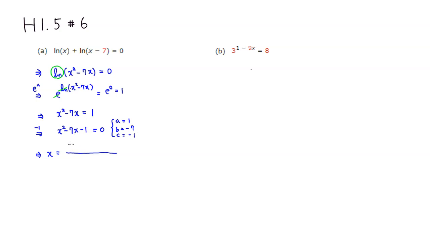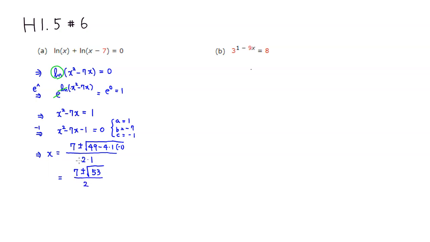So negative b, which is 7, plus or minus the square root of negative 7 squared, b squared, is 49, minus 4 times a, which is 1, times c, which is negative 1, all over 2 times 1. Let's simplify here. So you have 7 plus or minus the square root of 49 plus 4, so it's 53, and then divide by 2.